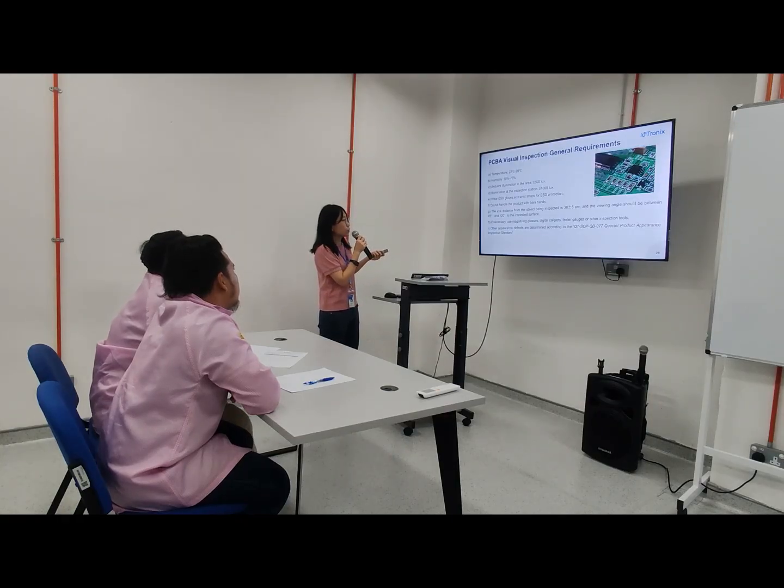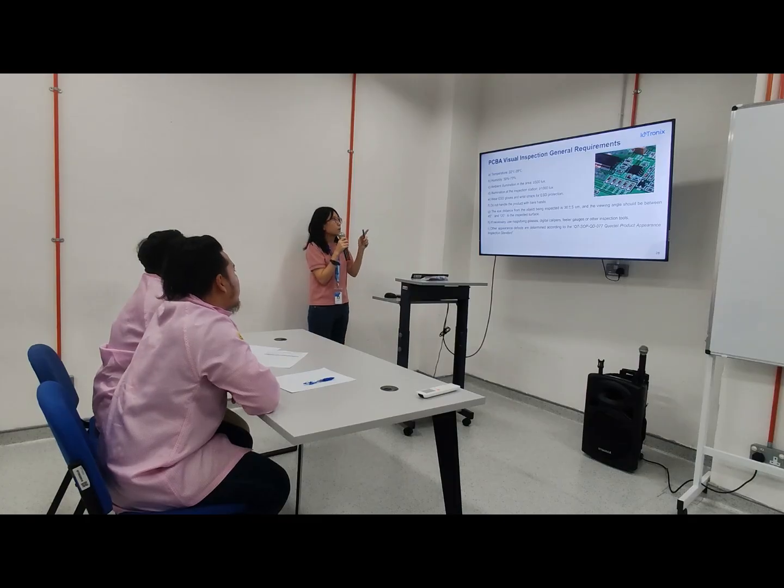Okay, PCBA visual inspection general requirements. What are the requirements? The temperature is 22 to 28 Celsius, the humidity is 50 to 70%, and the illumination, the lux of the lighting, is more than 500. At the inspection station, illumination must be more than or equal to 1000 lux. We must wear the ESD glove and the wrist strap for ESD protection. Do not handle the product with bare hand; cannot directly hold any PCBA with bare hand.